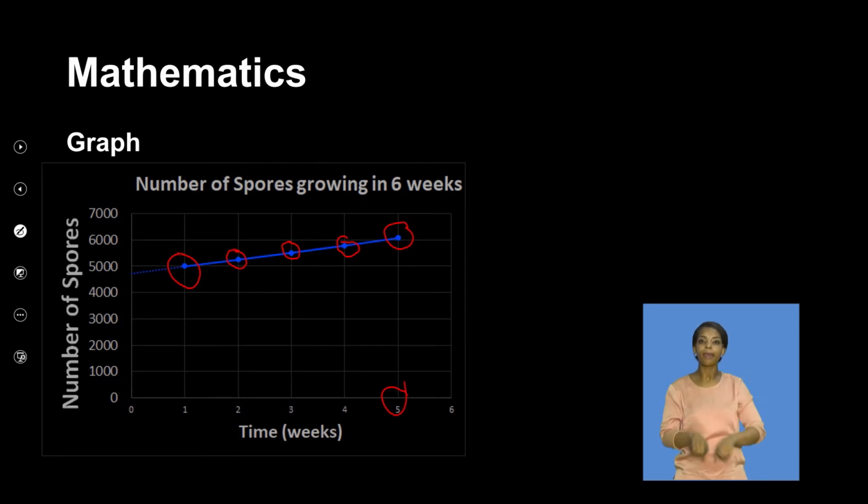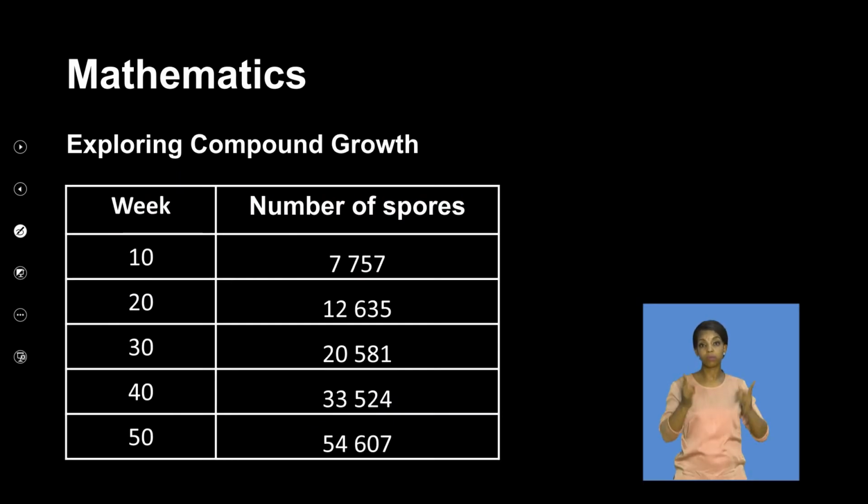But let's just try and take this further now. Now let's say we are talking about 10 weeks, 20 weeks, 30 weeks, 40 weeks, 50 weeks. You can see that when it was 10 weeks, our number of spores is 7,757. Now the time it takes to double: if you double the time, if you go to 20 weeks, it's not necessarily double what I have there, right?